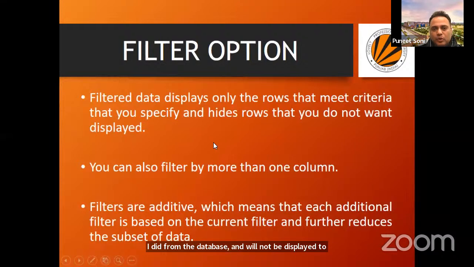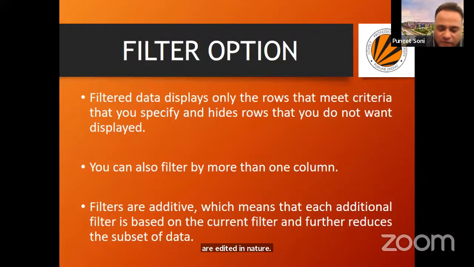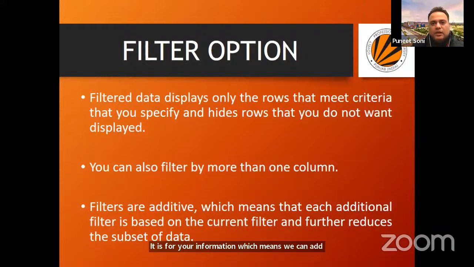And we can use more than one filter at a time. And filters are additive in nature. It is for your information, which means we can add additional filters which are based on the current filter.